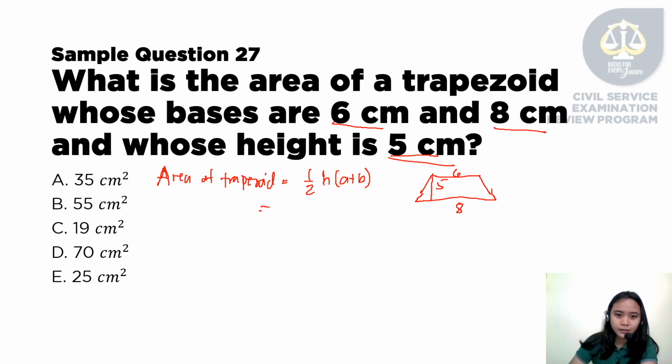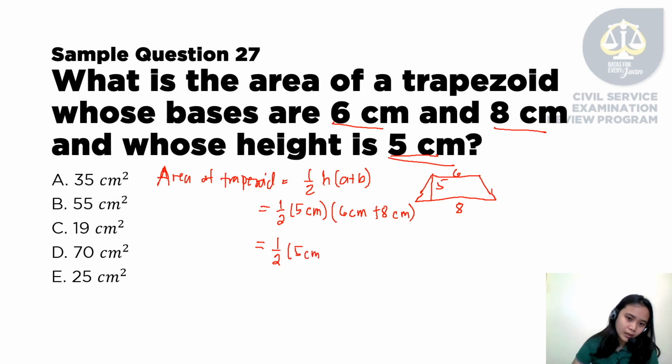So, solving ngayon, i-substitute lang natin itong mga given natin. So, that is 1/2 times yung height natin na 5 cm times yung sum ng dalawang bases natin. That is 6 cm plus 8 cm. Simplifying, meron tayong 1/2 times 5 cm times 6 cm plus 8 cm, that is 14 cm. So, nag-add tayo.